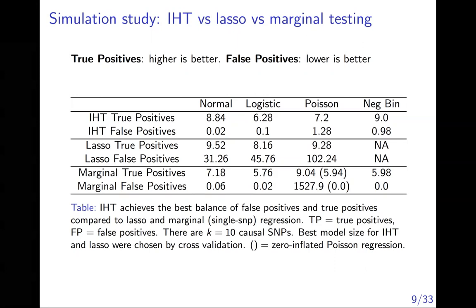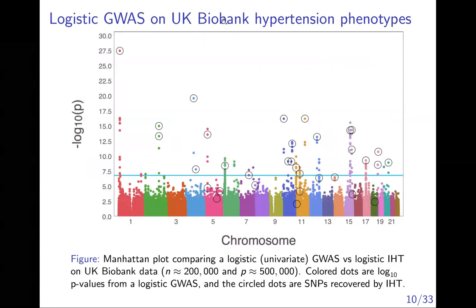And then to illustrate the scalability, we applied IHT to the UK Biobank. Okay, and we will actually reanalyze this data in my 3rd project. So there I will go over more of the computational and data preprocessing and cleaning. So here's just some preview material, I guess.